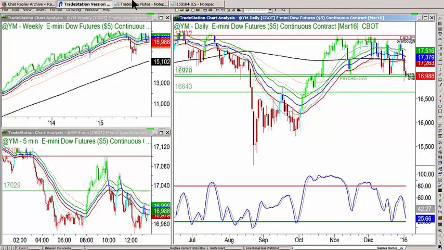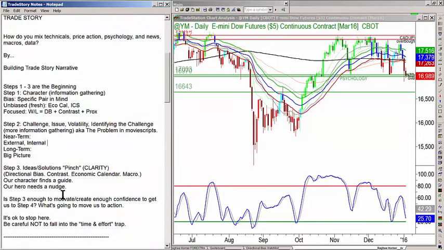So once I get the story built up to step 3, if you're not feeling that you have enough confidence to get you over the hurdle of, okay, I've got this idea, now I've got to go prove it with price. Now I've got to go to the chart, look at what the setup is, look what the market trend is, what prices are in play, where's the support, where's the resistance.